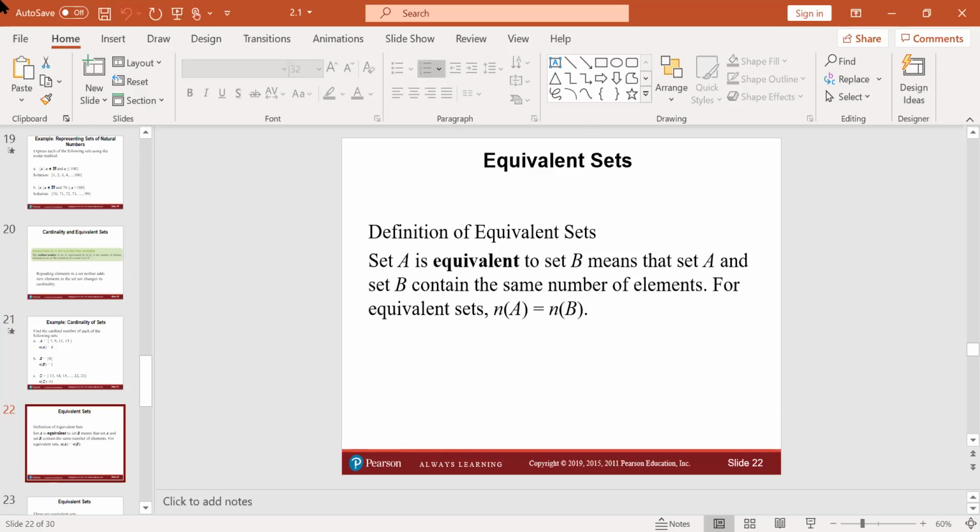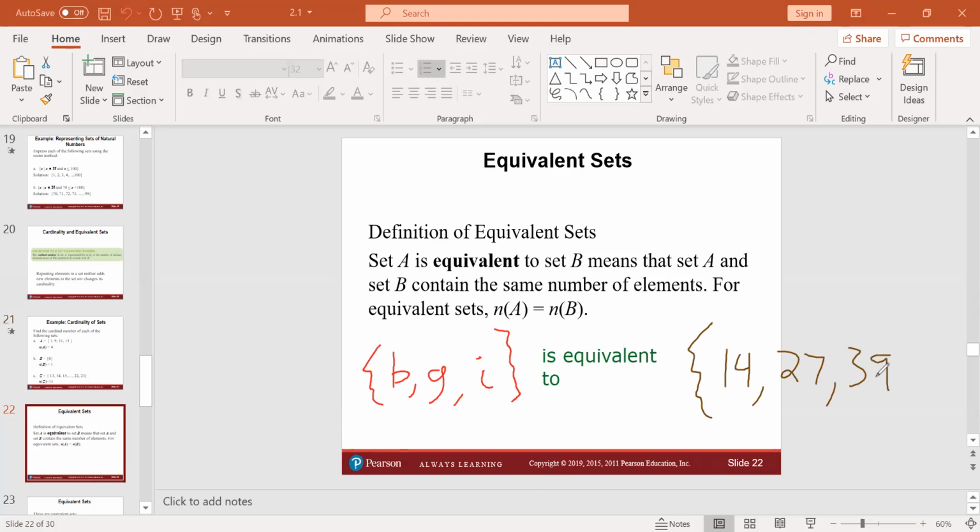So this set here that has the letters B, G, and I. As contrary as you might think, this set is equivalent to the set containing the numbers 14, 27, and 39.